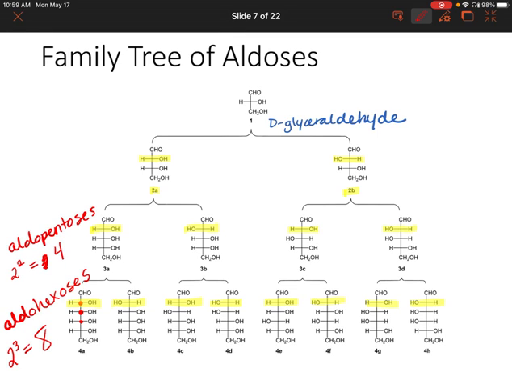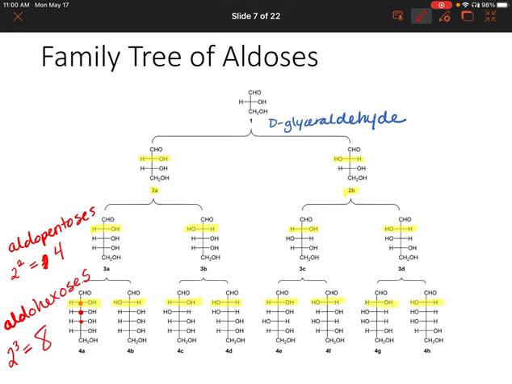So you can also do this for ketoses. You can do it for L sugars as well, although those are typically synthesized in a lab. But once we start adding more carbons or more chiral centers onto our sugar, we have a wide range of different carbohydrates that we can create. So there are a lot of different carbohydrates out there. Now, I'm not going to make you memorize all the different names of the carbohydrates because there are so many, but I just want you to get a feel for the fact that there are a lot of different carbohydrates out there.